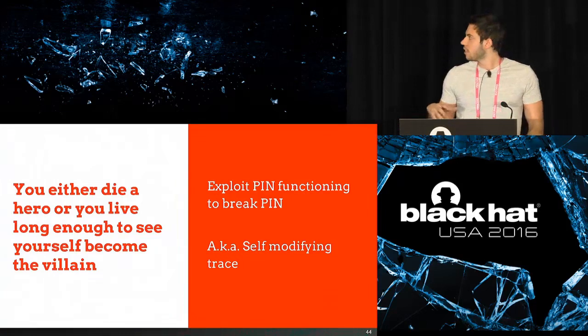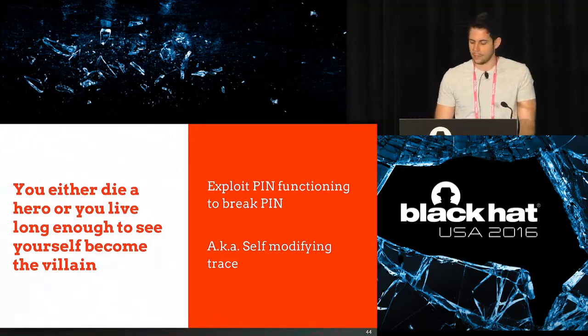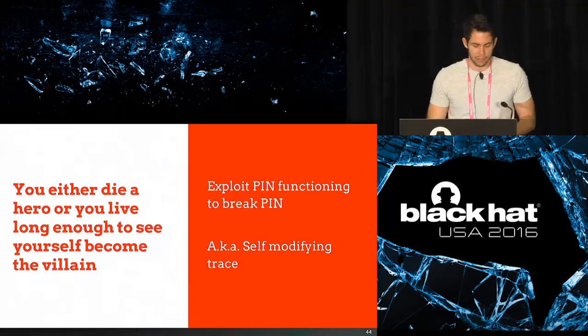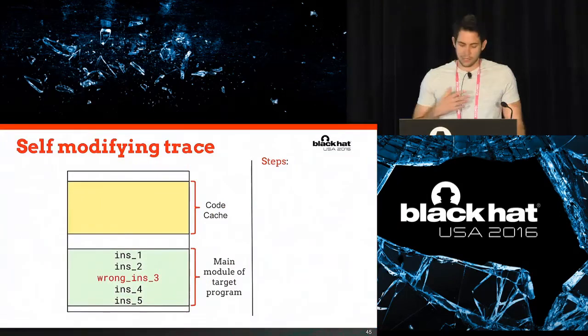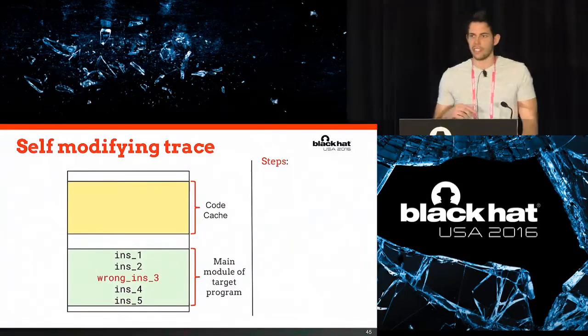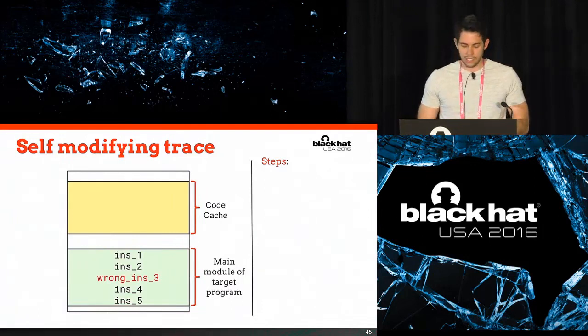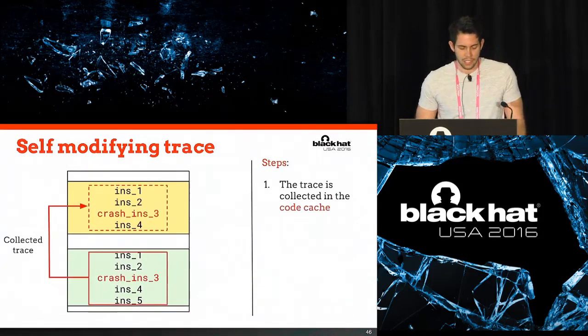We have found this kind of attack in some samples packed with the packer PESpin, but we can better understand the whole attack directly through an example. PIN, as explained before by Lorenzo, never executes the original code inside the main module, but rather collects a trace of execution and copies it inside the code cache on the heap.